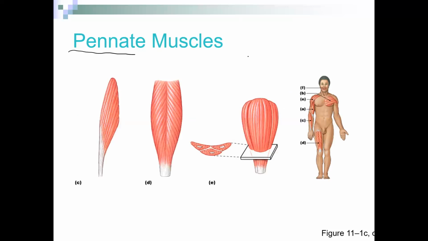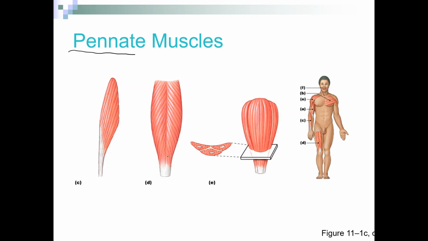Feathers have a main vein running down the middle of them, and they have little barbed areas coming off of that main vein. I can't remember the exact term for them. It almost looks like the leaf of a banana. So pennate muscles look sort of like that.